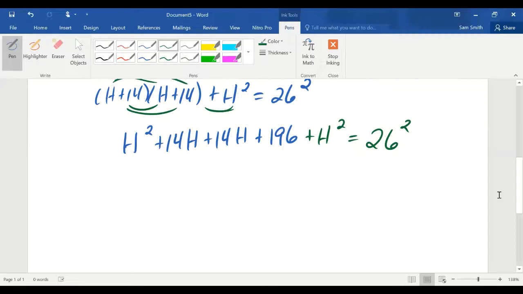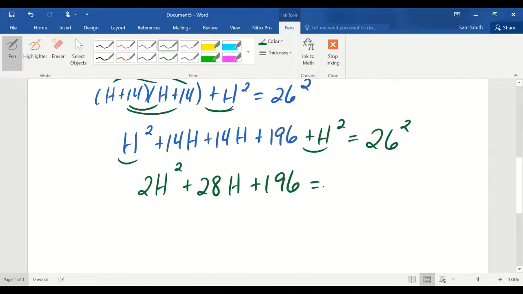Now if I combine some like terms, h squared plus another h squared, 2 h squareds in total, 14h plus 14h, 28 h's in total, 196 here, and 26 squared.